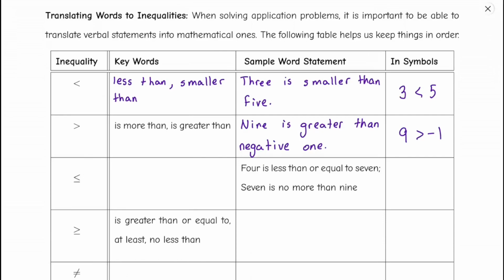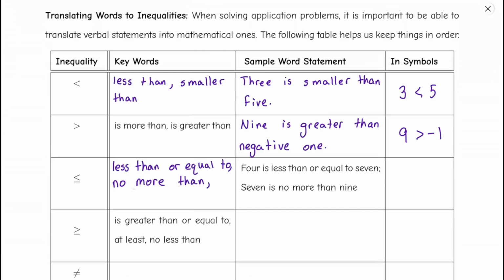Now, less than or equal to has a few more ways of writing it than the previous two inequalities. For example, it can just be less than or equal to. More commonly, though, it'll be no more than.